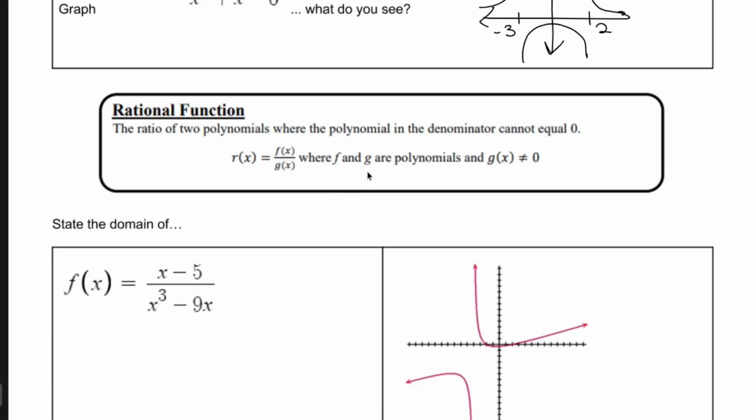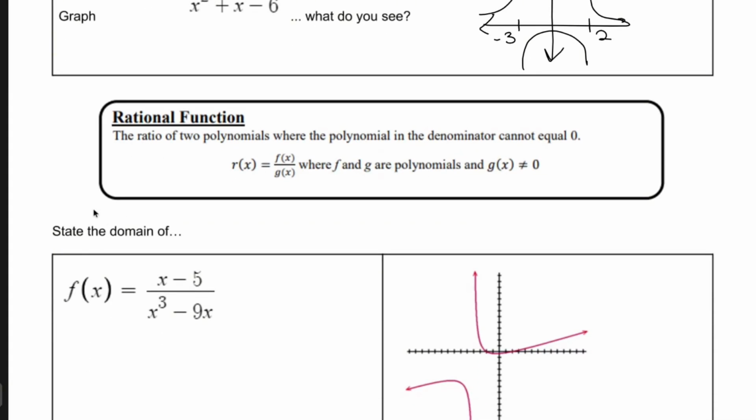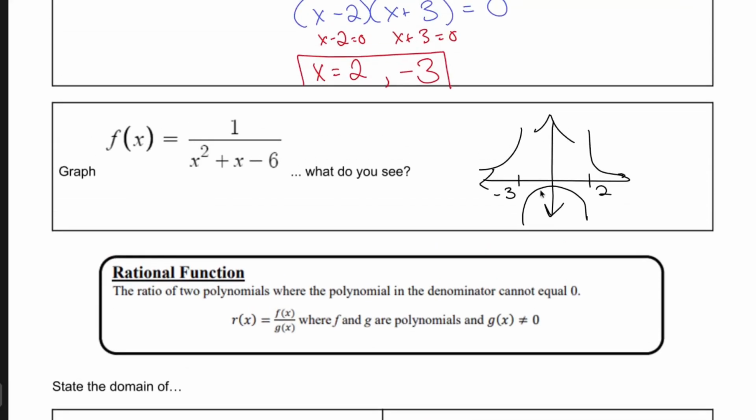When that happens, your domain changes and you have numbers that are not in the domain. Looking at this graphically, the next thing we're talking about is domains. -3 is an x value that's not allowed. You're also not allowed to use 2.